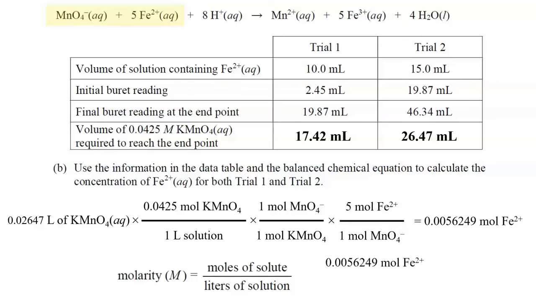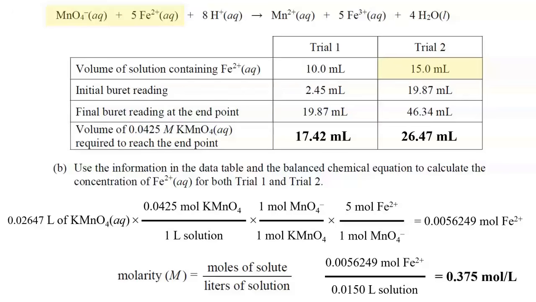So my volume in trial 2 of the iron solution was actually 15.0 milliliters, or 0.0150 liters of solution. So moles of iron divided by liters of solution. And if I do that calculation, rounding off to 3 significant figures, I get 0.375 moles per liter.